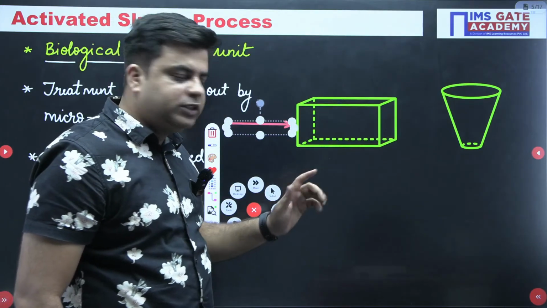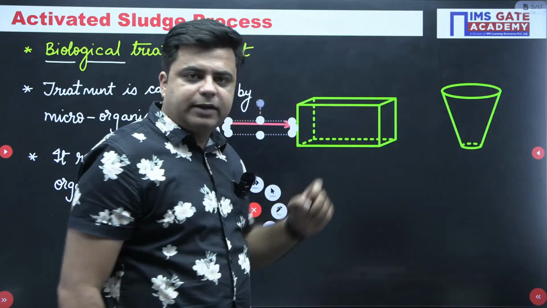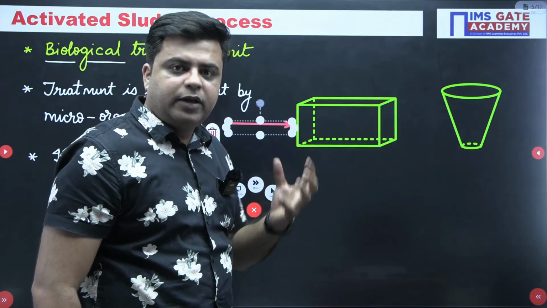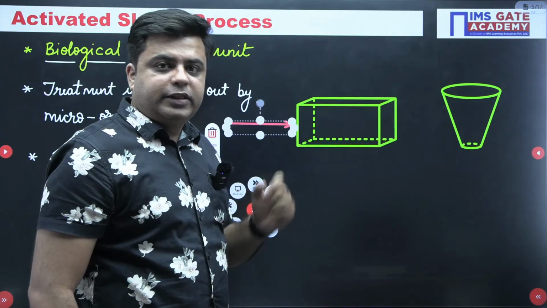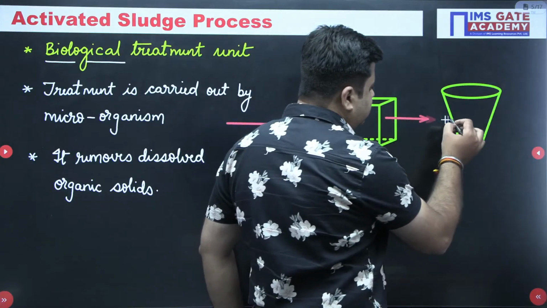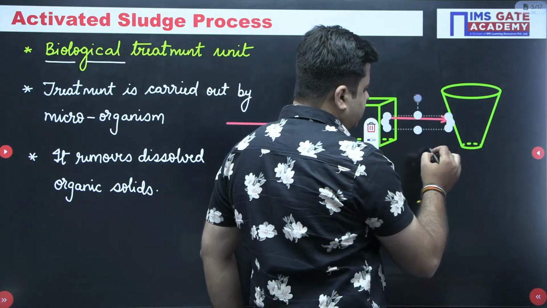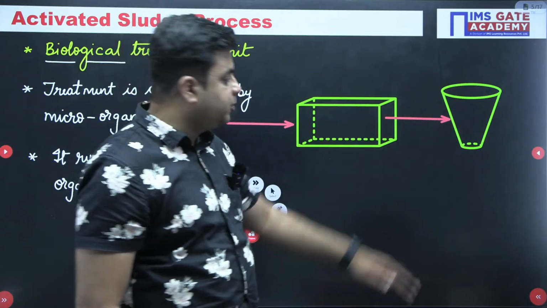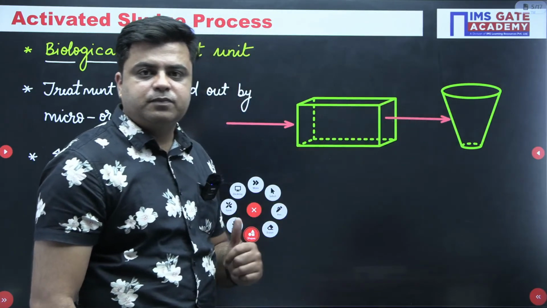After decomposition has happened, biomass is formed. This biomass along with the wastewater is taken into the secondary sedimentation tank. Now, this secondary sedimentation tank is responsible for removing that biomass.